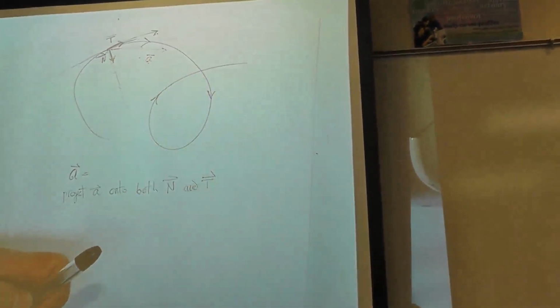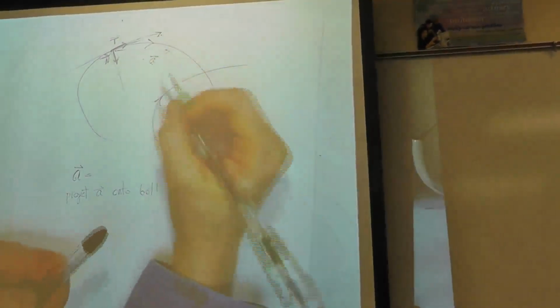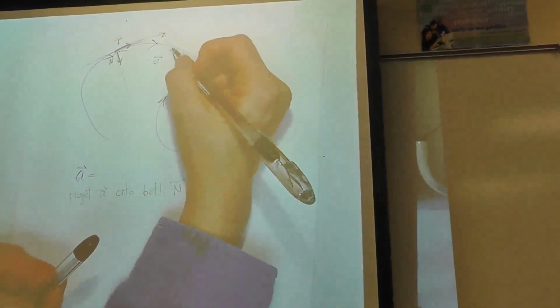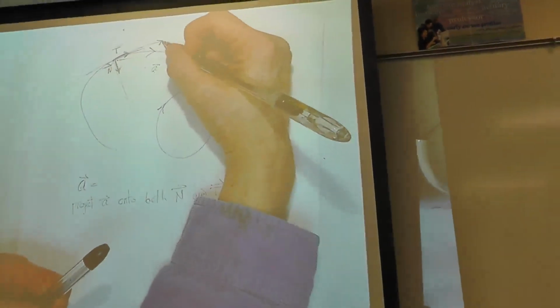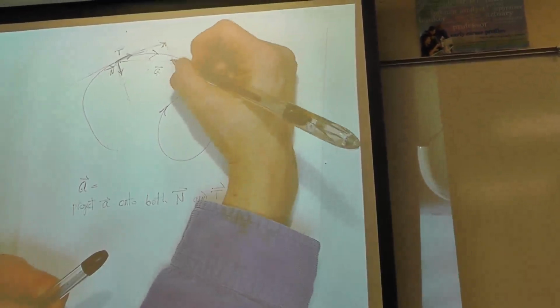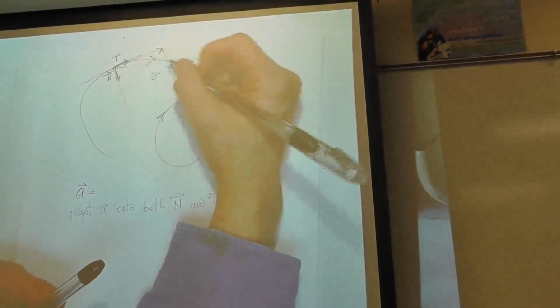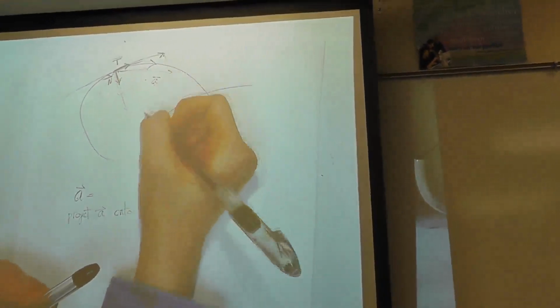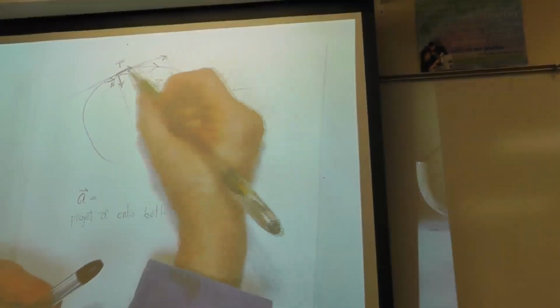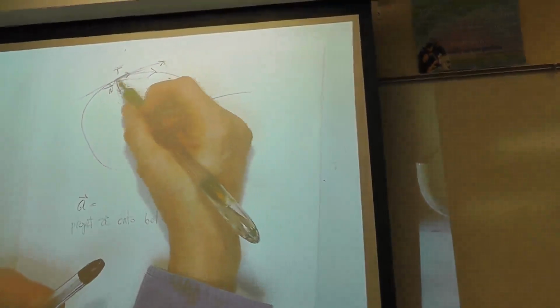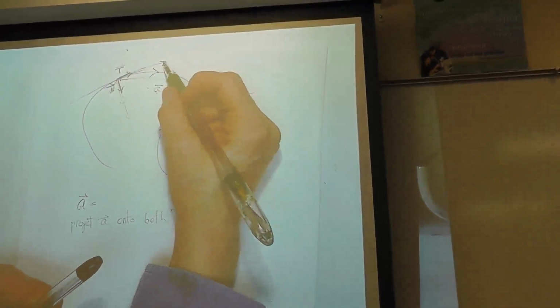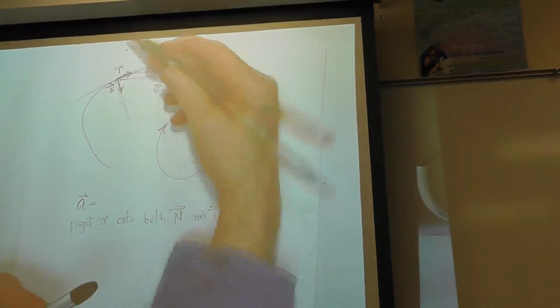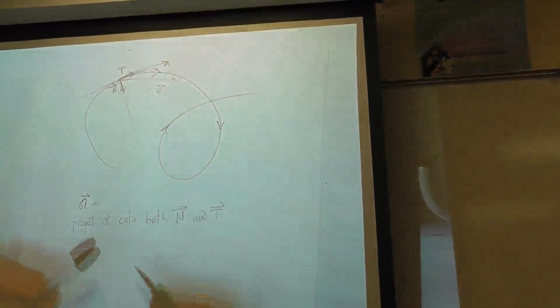So these are those pictures that one really needs to know. And notice what happens if I add this to this, I get A back. What I need to know once I have T is how long is this vector? And how long is this vector?